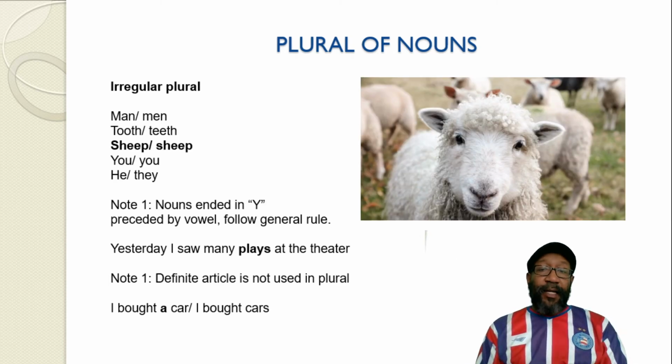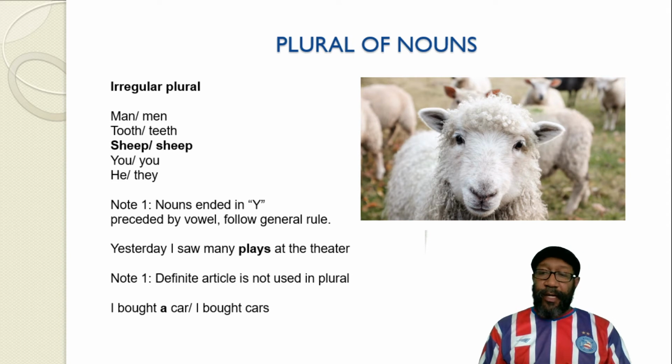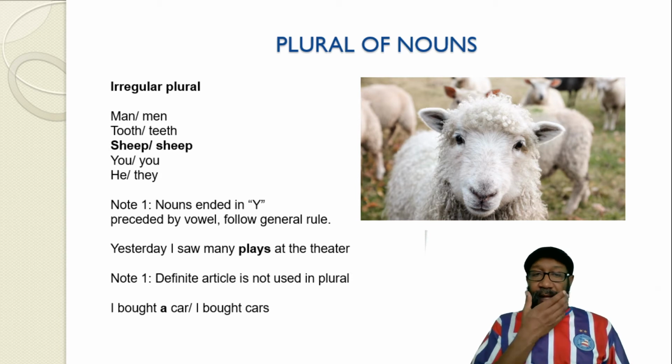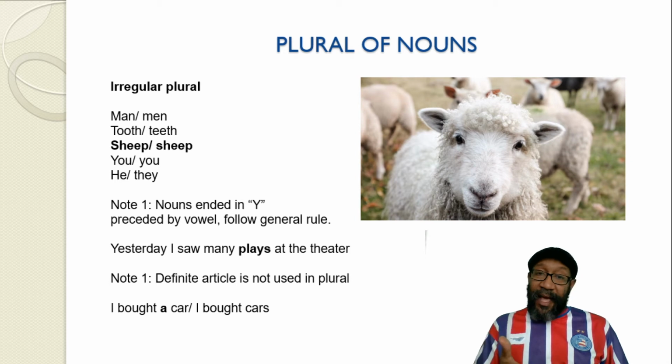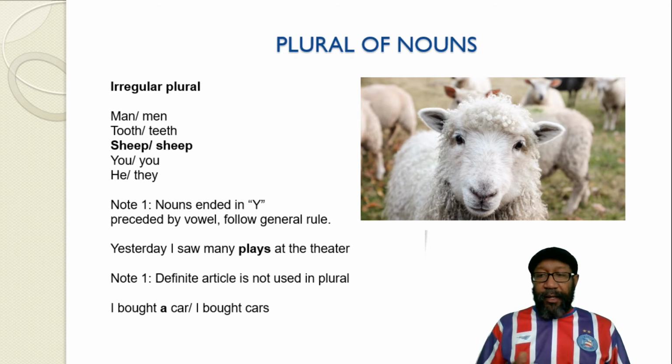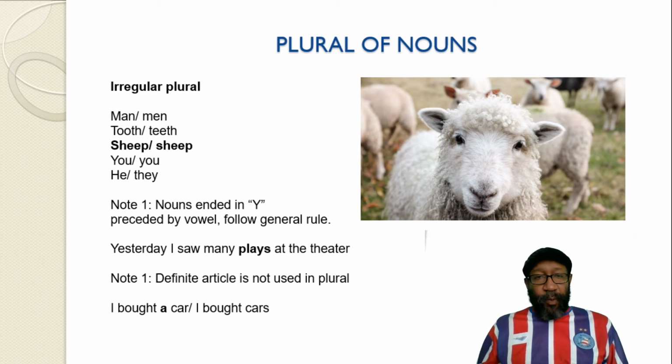And there are some plurals that are irregular, so you don't have a rule to follow. So man and men, and as you can see, the pronunciation is very similar, man with A is singular, men with E is plural.